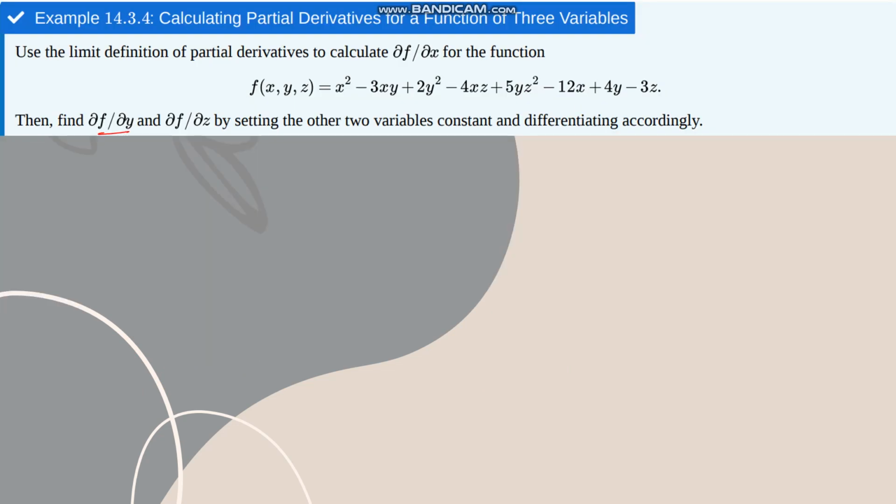If you are solving for your derivative with respect to x, ang inyong y and z will be considered constants. If you are solving for the partial derivative of f with respect to z, your x and y will be considered constants.